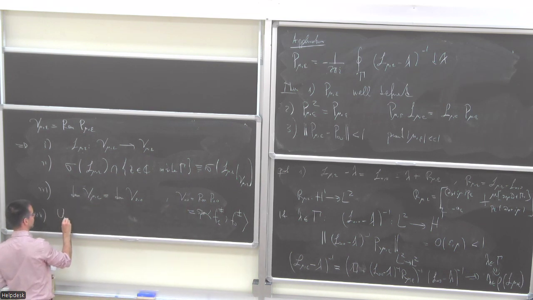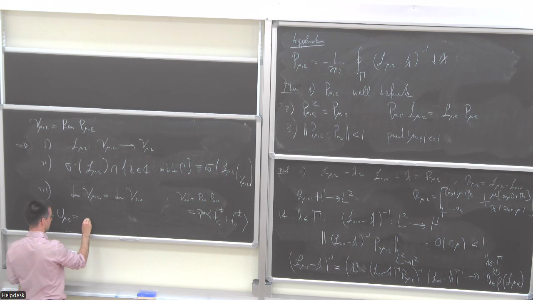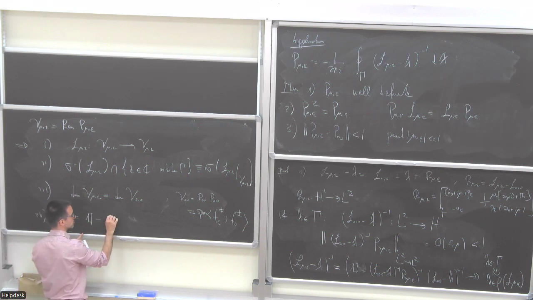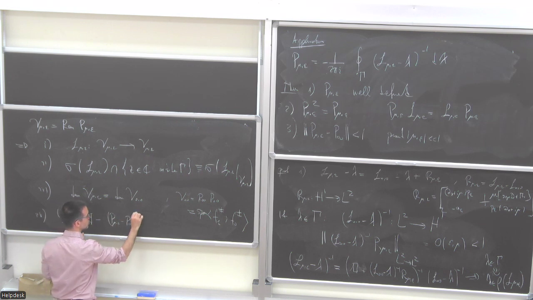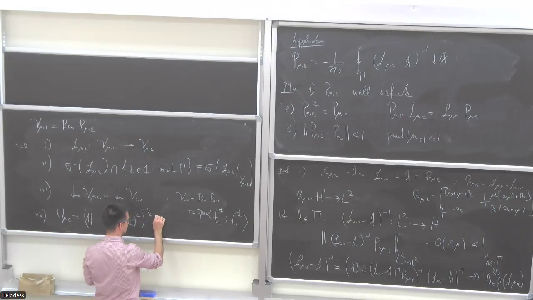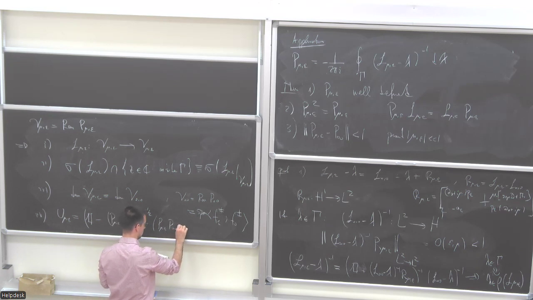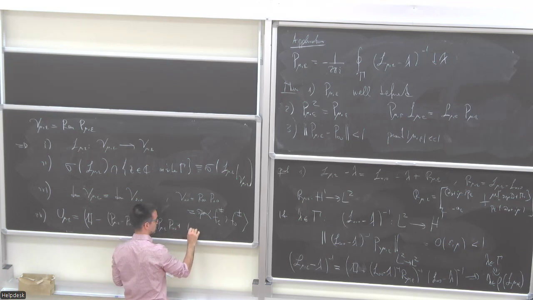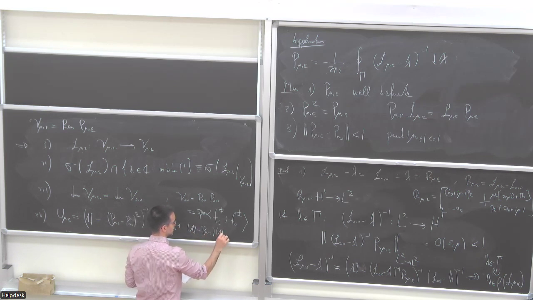So if I define U mu epsilon as the Kato transformation operator, which reads as identity minus (P mu epsilon minus P00) squared to the minus 1/2 applied to P mu epsilon P00 plus (identity minus P mu epsilon)(identity minus P00).